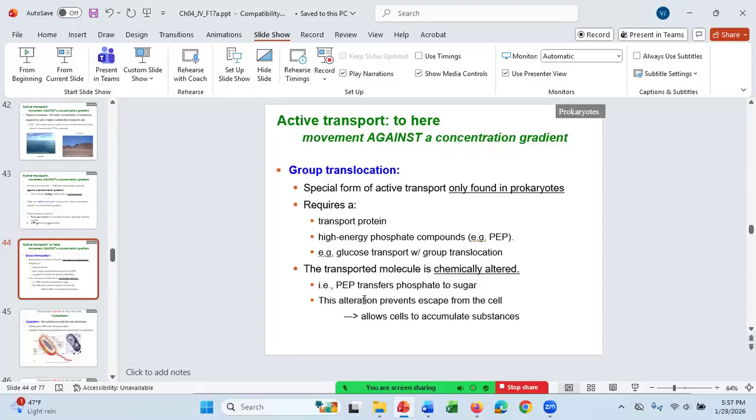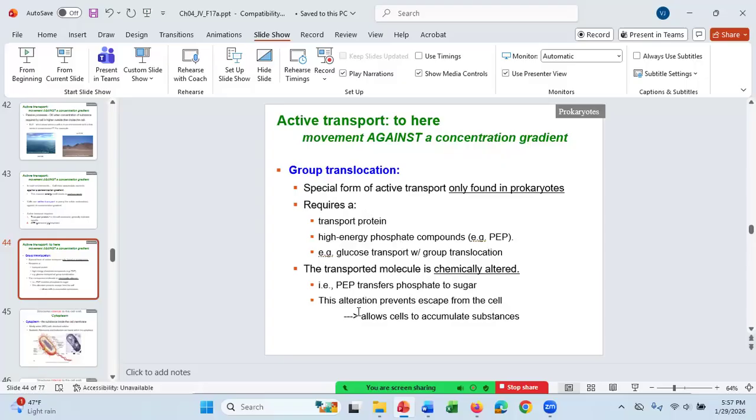PEP usually transfers the phosphate to the glucose or the sugar, and the PEP also gives the energy that the protein engaged in group translocation needs to move the molecule against its concentration gradient.